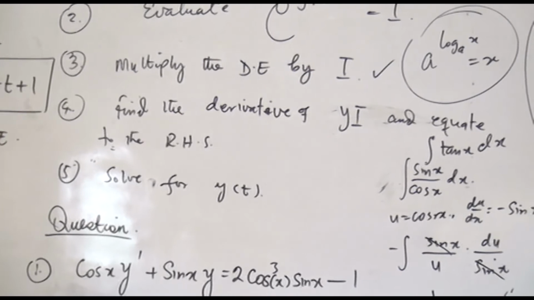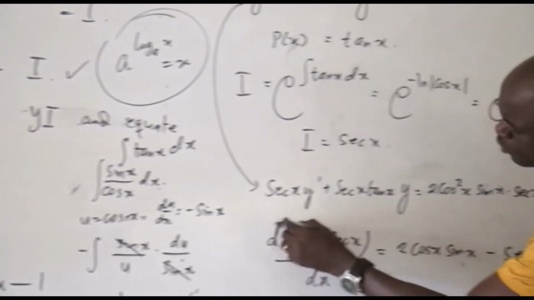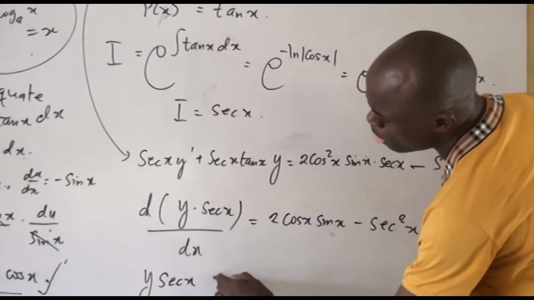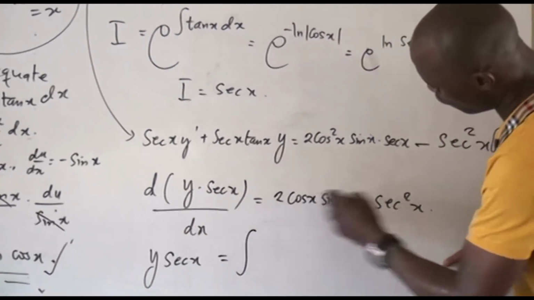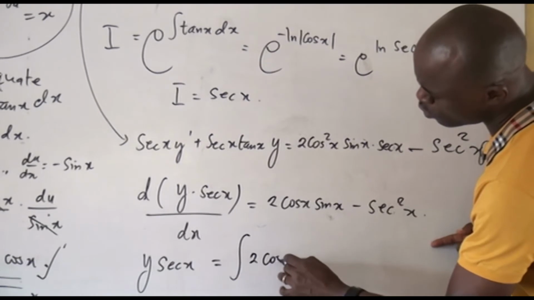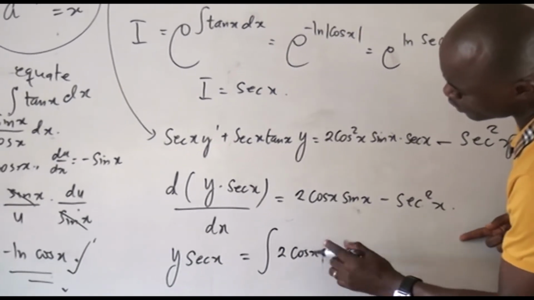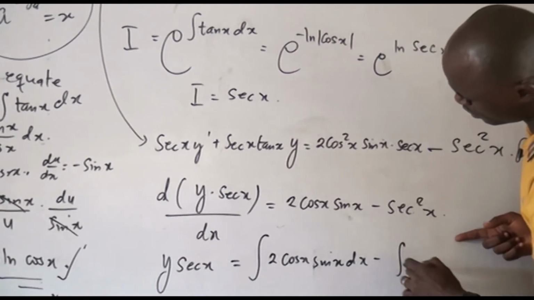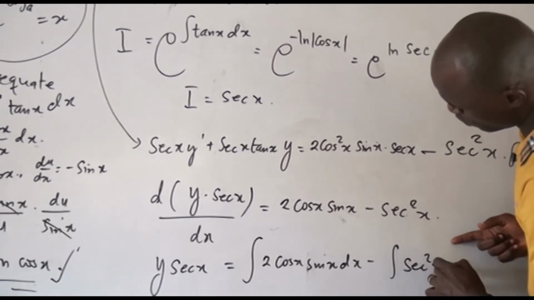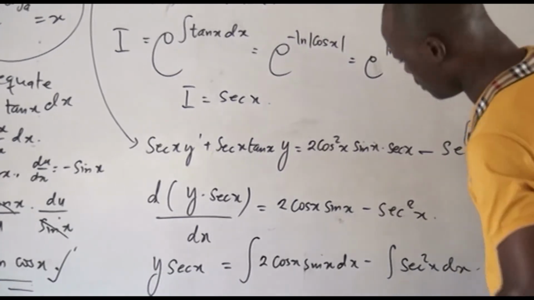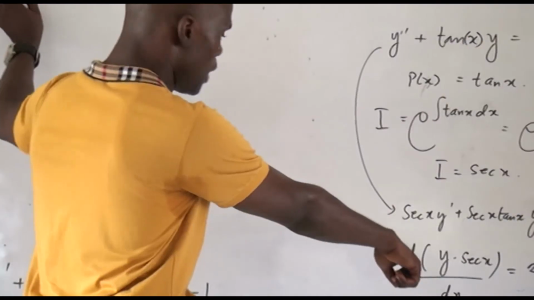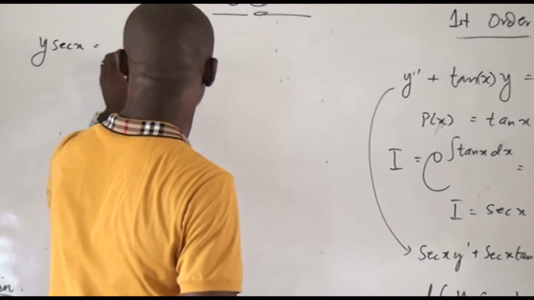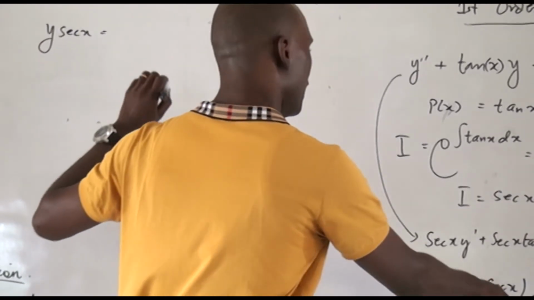So when we integrate both sides, if we integrate the derivative, we are going to have y sec x equals the integral of 2 cos x sine x dx minus the integral of sec square x dx plus c. We will have y sec x on this side of the equation, and here we have the integral of this.